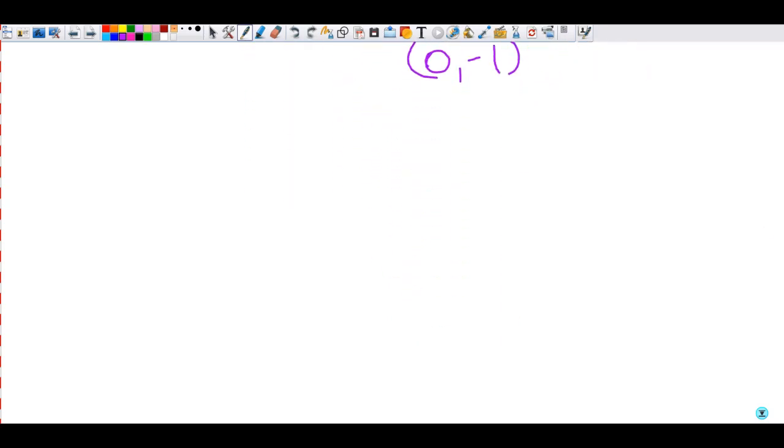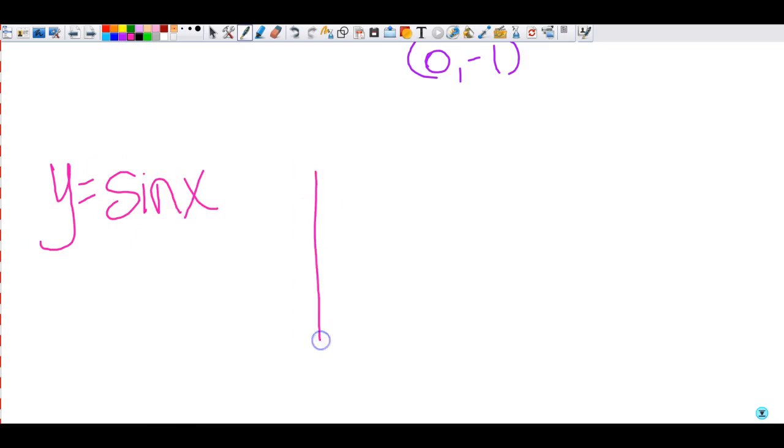Now we're going to do sine, cosine, and tangent, so just kind of space out what you have left there. I'm going to have to scroll up and down so you can see what I'm trying to get at here. So we're going to start with y equals sine x. We have this.